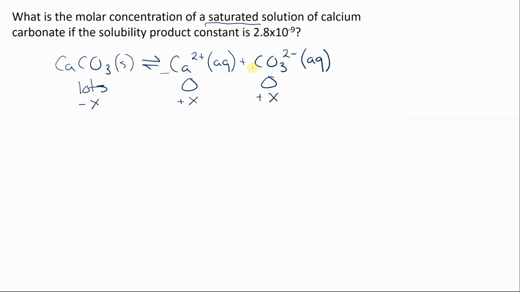Now we need to pay attention to coefficients, and in this case, for each amount that drops of the calcium carbonate, 1 each of calcium and carbonate came in. I might have to have a 2x or a 3x if there were coefficients in the balanced chemical equation. And so if this was sort of what I had initially, this is how it's changing.